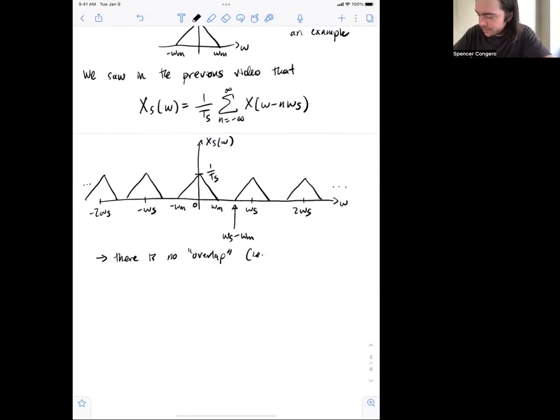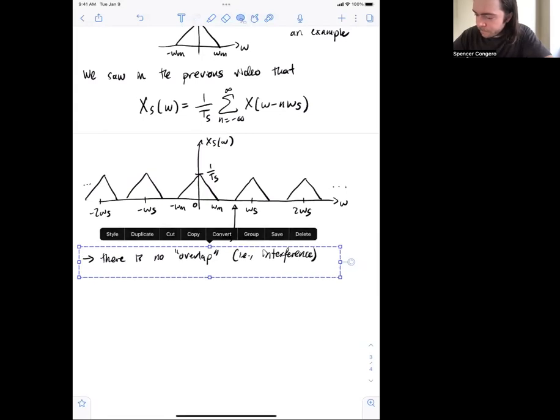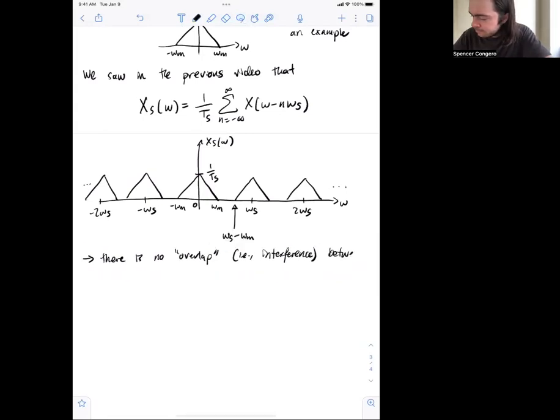In other words, no interference between these copies of x of omega on the omega axis, provided what has to be true.